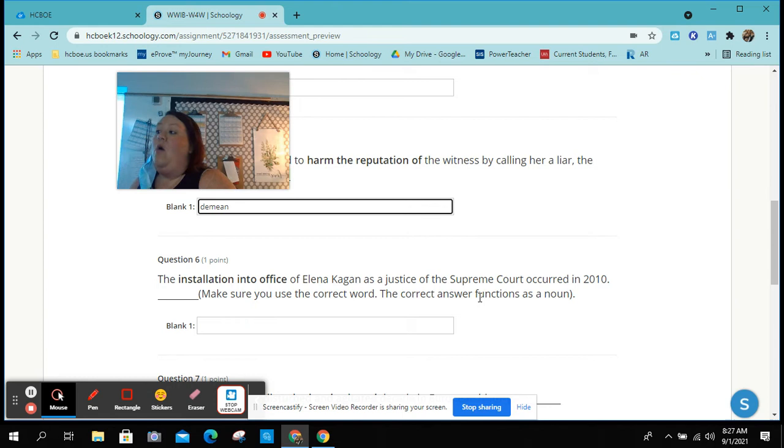Okay? Now, words take different forms, right? Turbulent and turbulence. Inaugurate and inauguration. They mean the same thing for the most part, but they're used in different ways. One is an action and one is a thing, a noun.